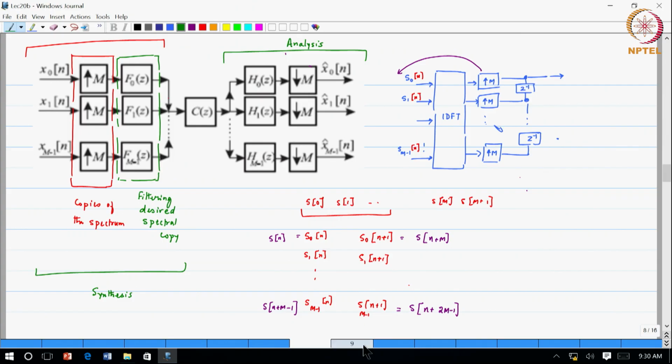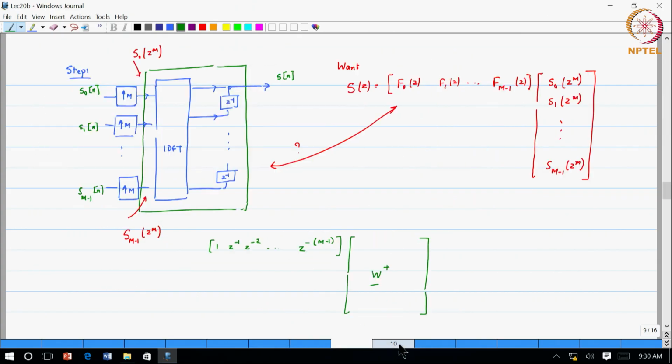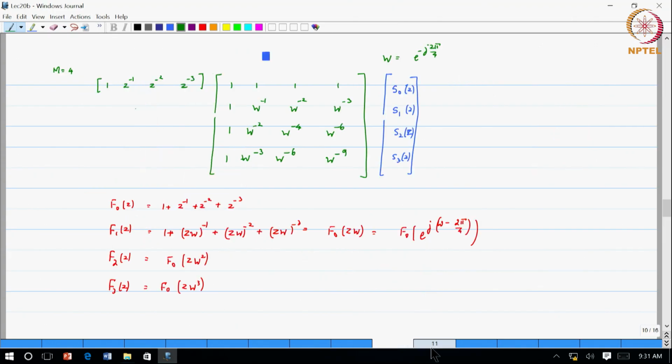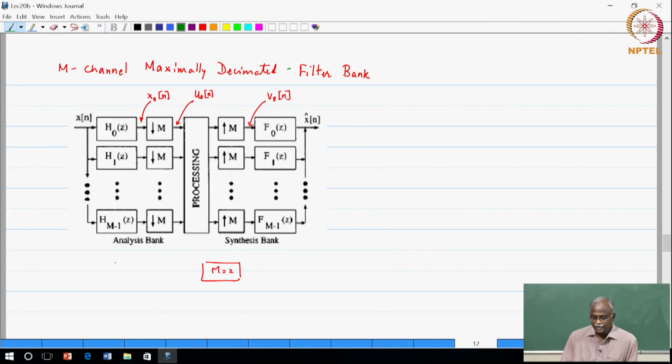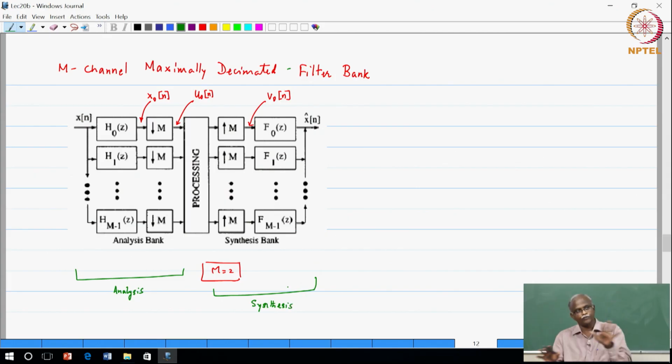Okay. Now, the conventional multirate M channel filter bank is shown here. The analysis comes first, whatever processing you do, and then followed by the synthesis. Analysis, synthesis. So, again we see that the transmultiplexer operation is a transposition of the analysis and synthesis blocks.